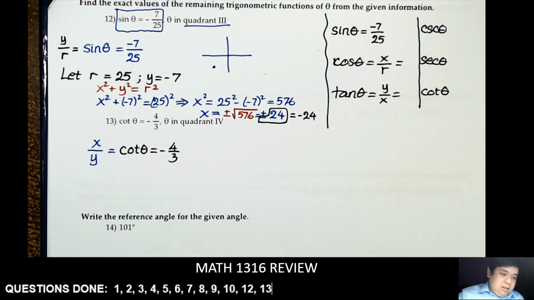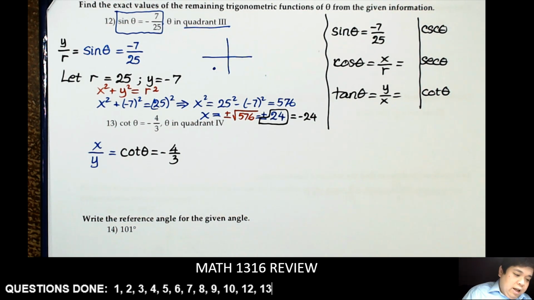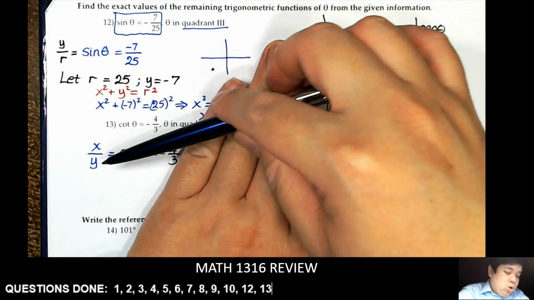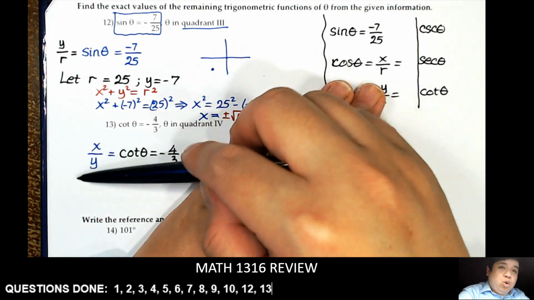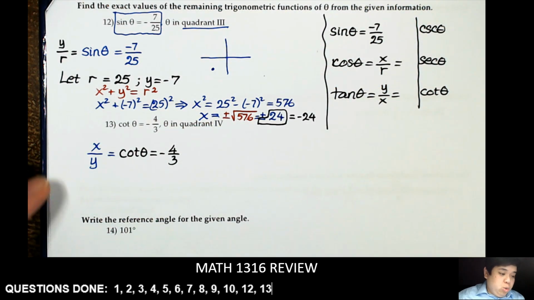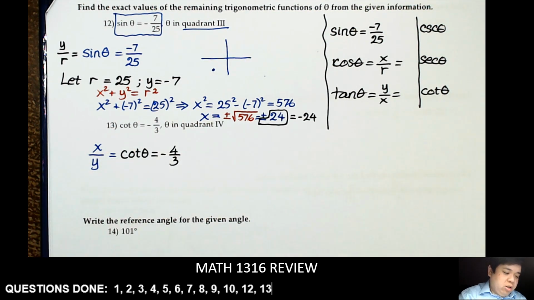Now, in this case, we don't know if x is negative or x is positive. Actually, we do, but in the ratio by itself, x could be positive or negative, y could be positive or negative. So we cannot just say x is negative 4, y is 3.